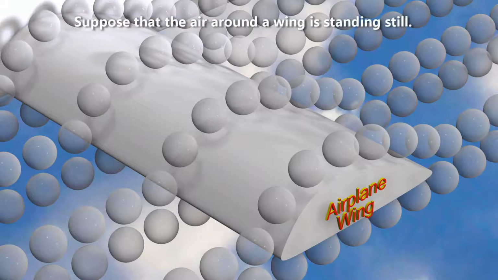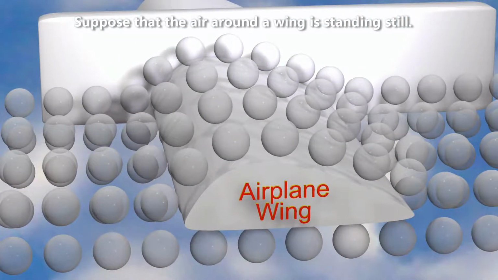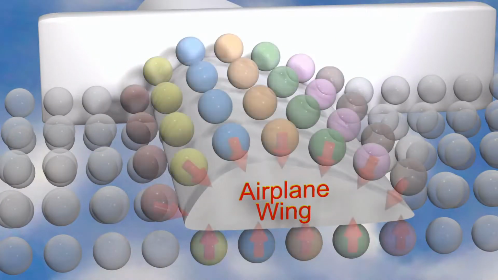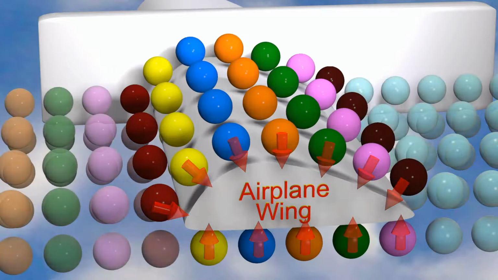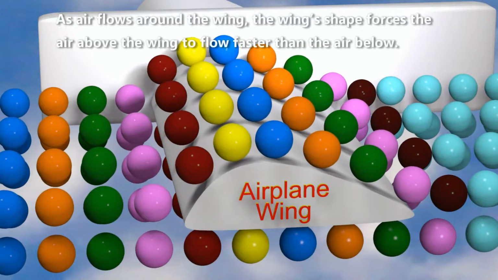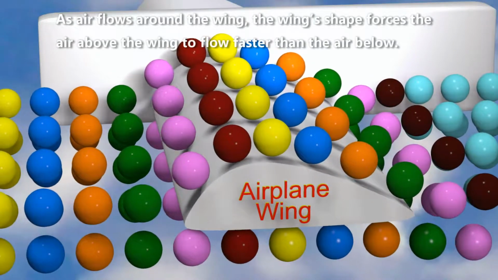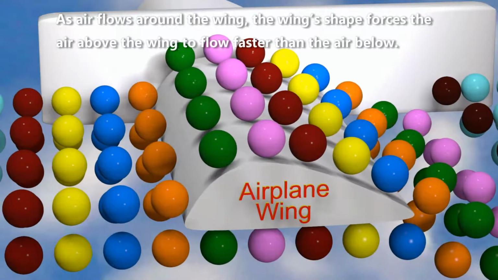Suppose that the air around a wing is standing still. The air pressure from above and below the wing will cancel out, and there will be no net force. As air flows around the wing, the wing's shape forces the air above the wing to flow faster than the air below.